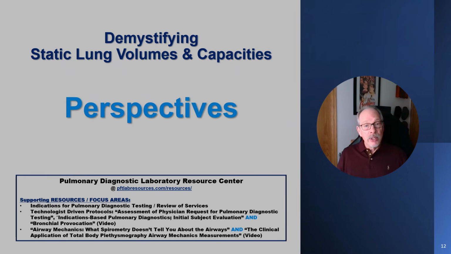Since all the gas in the thorax is accounted for, total body plethysmography is the ideal method for measuring static lung volumes in individuals with trapped gas, such as bullous emphysema. If subjects perform the VTG maneuver properly, in other words, they pant at less than or equal to 1 cycle per second when the mouth shutter closes, derived TLC values are equivalent to planimetered lung volumes, even in severely obstructed individuals.